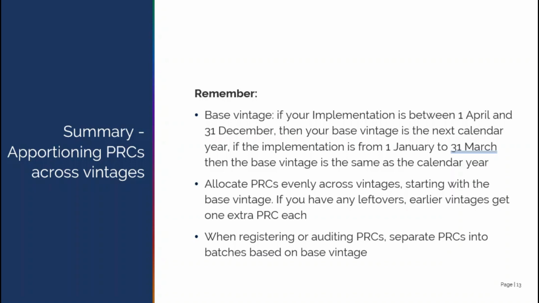You should allocate your PRCs evenly across vintages, starting with the base vintage. If you have any leftovers, the earlier vintages get 1 extra PRC each, and TESA will do this for you. When registering or auditing PRCs, separate those PRCs into batches based on the base vintage.